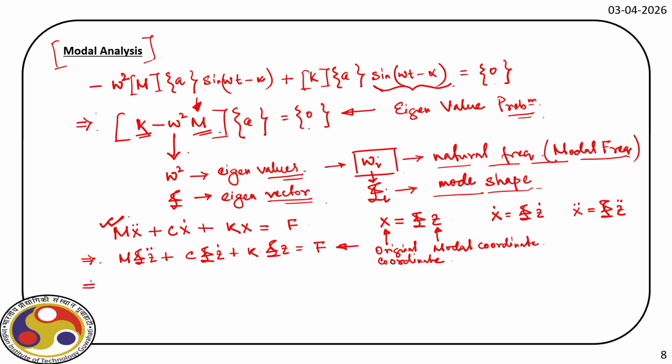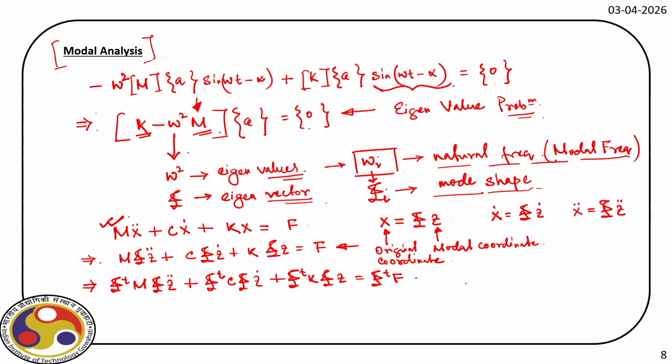Now, if we pre-multiply both sides of this equation with phi transpose, we have phi transpose m phi z double dot plus phi transpose c phi z dot plus phi transpose k phi z is equal to phi transpose f.